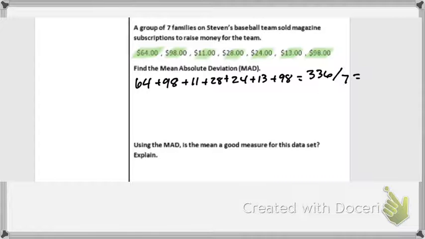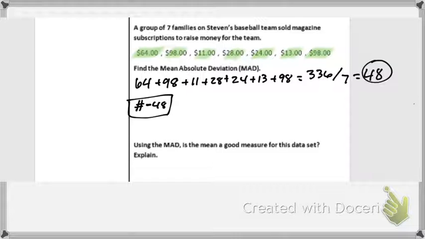So we're going to divide by 7. So we got 48. 48 is the number that we're going to subtract from each number to get our new deviation. So we're going to get the numbers here, right? And we're going to subtract 48. Okay.